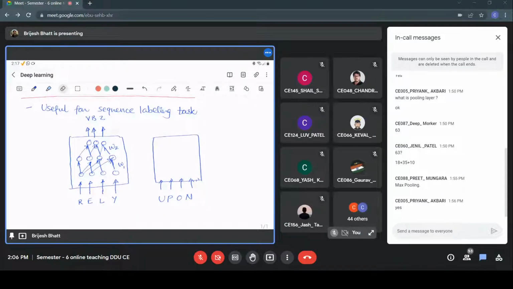What do you think? Do you think that knowing the previous word was rely and its part of speech was verb is useful in deciding the next word upon and its part of speech?